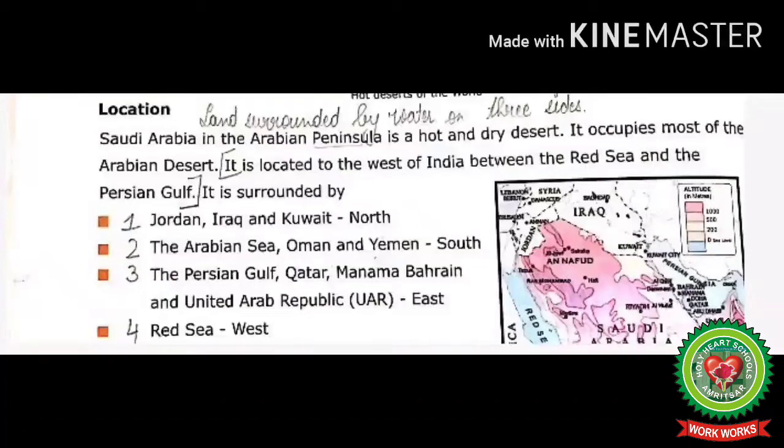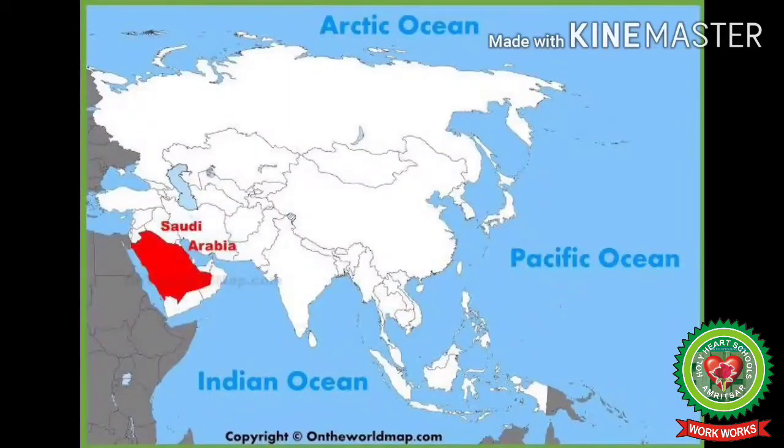It is located to the west of India between the Red Sea and the Persian Gulf. Gulf is a water body surrounded by land on three sides. Saudi Arabia lies to the west of India. It occupies a large portion of the Arabian Peninsula.